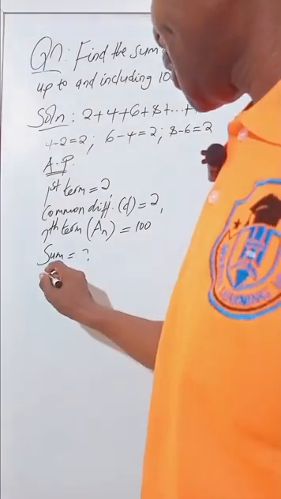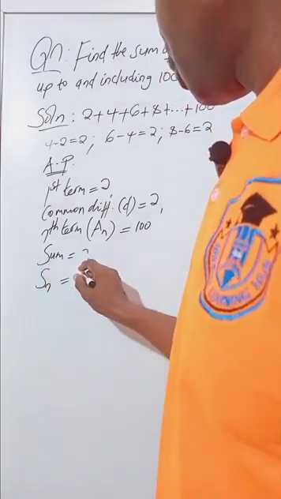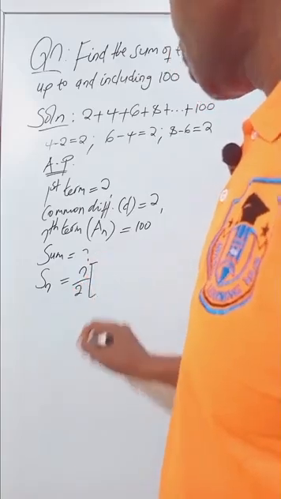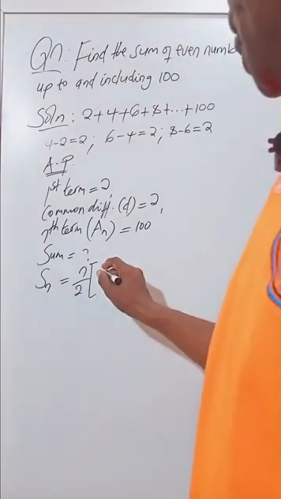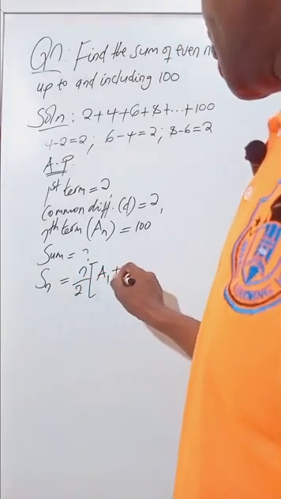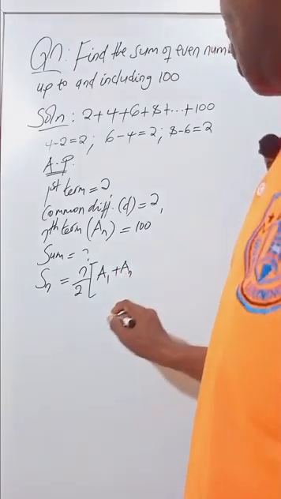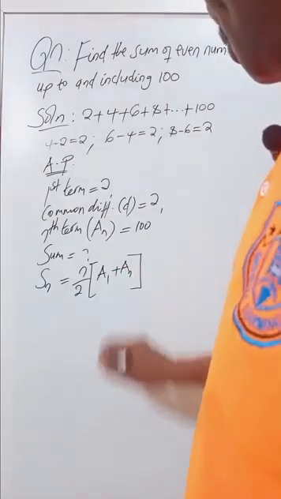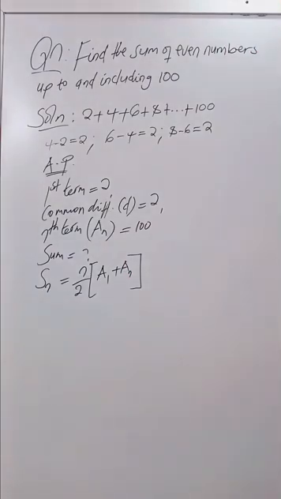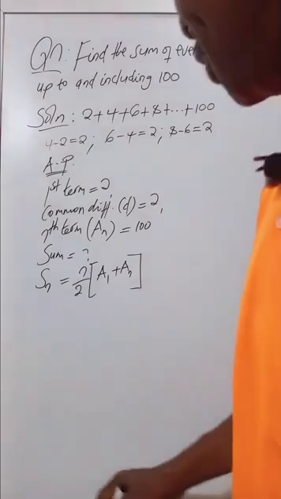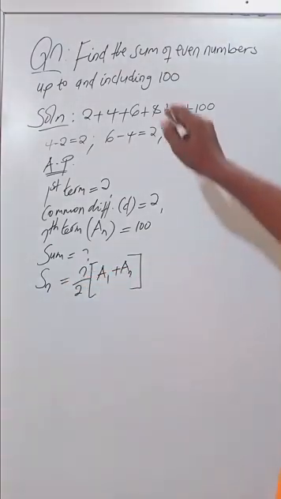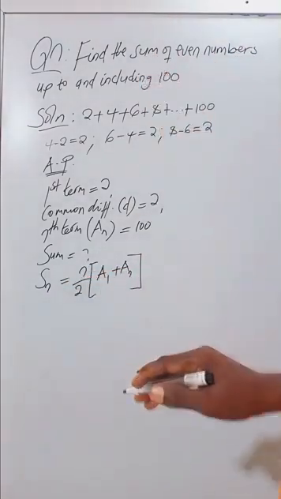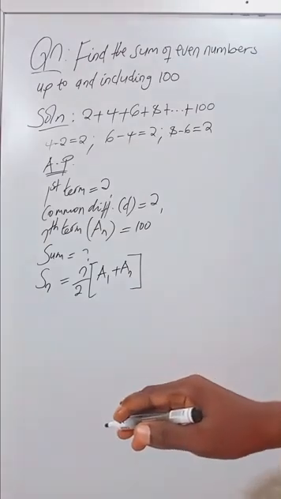It is this one: the sum of the first n terms will be equal to n over 2, times the first term plus the nth term. Yes, this is our sum. Very simple. But we don't know how many terms there are, because we have to find the sum of even numbers including 100.